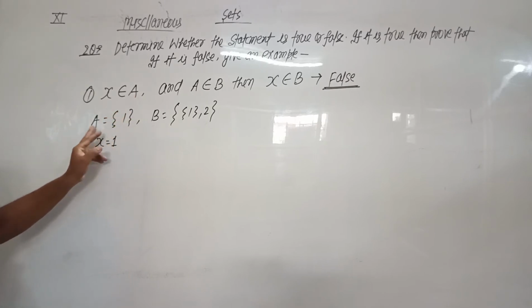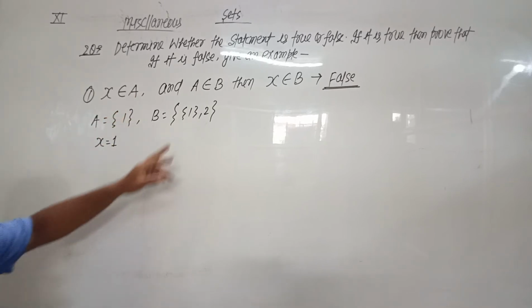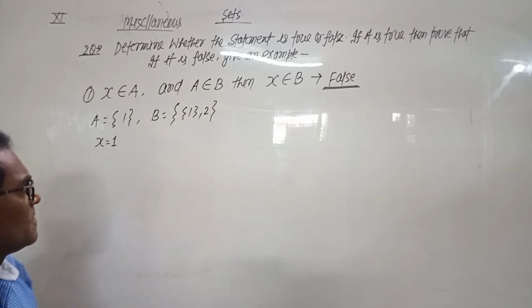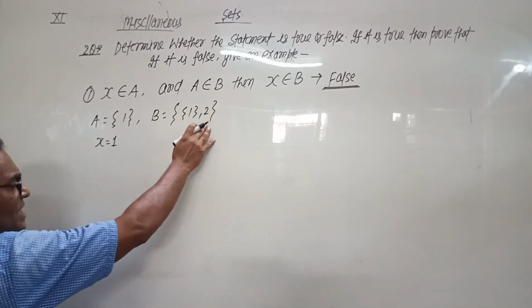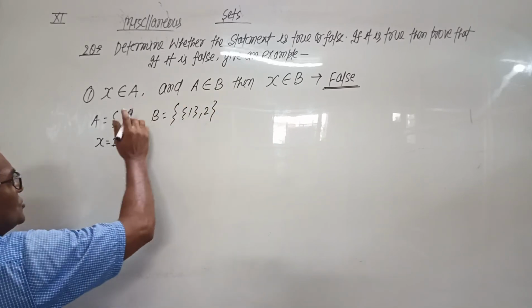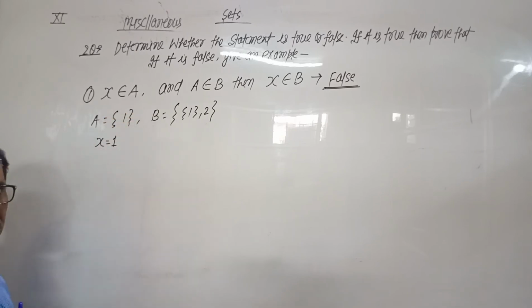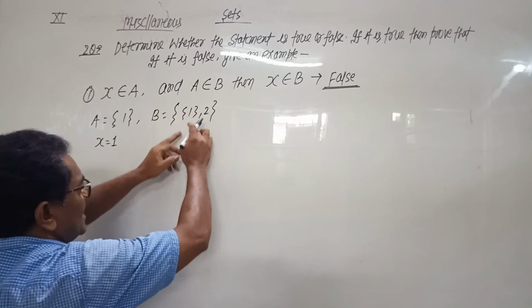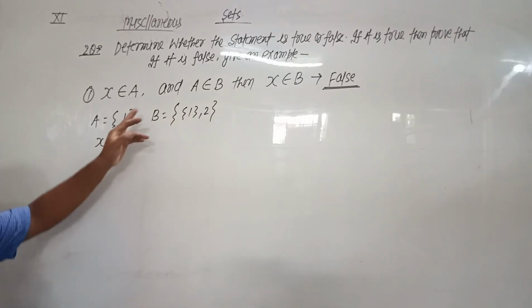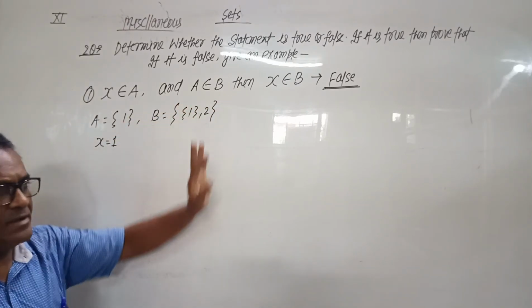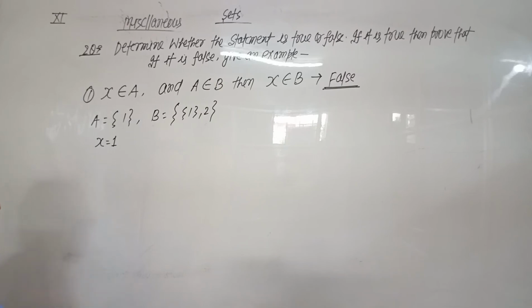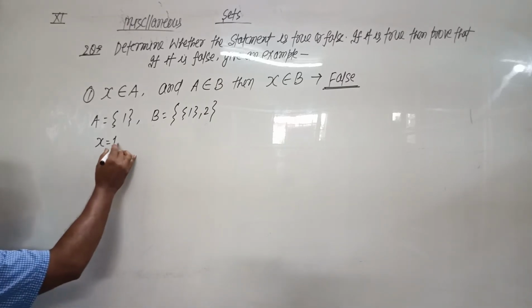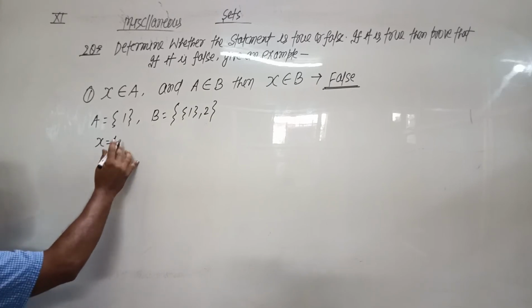So x belongs to A means 1 belongs to A. And A belongs to B: B is another set in which the set A is an element. This complete set A is in set B, so we can say that A belongs to B. Then does x belong to B? x was 1.